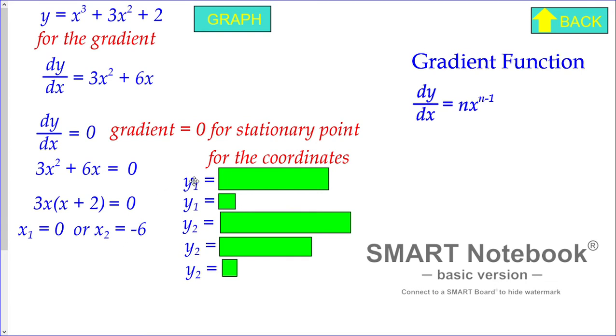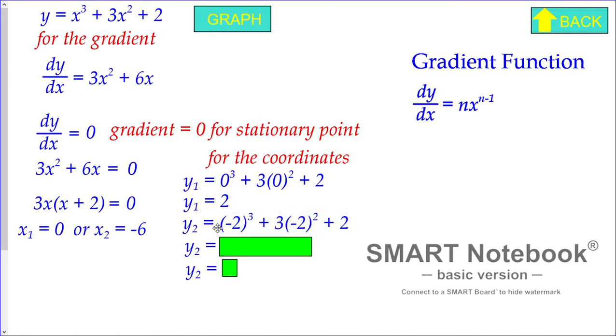Now we have to find the corresponding y-coordinates. We substitute 0 in to get y1. y1 will be simply 2, because 0 plus 0 plus 2 is 2. And for the second value of y that corresponds to our x value of minus 2, substitute minus 2 in.